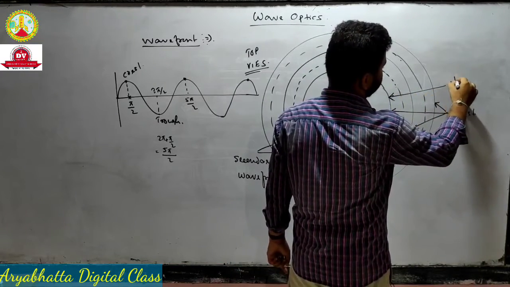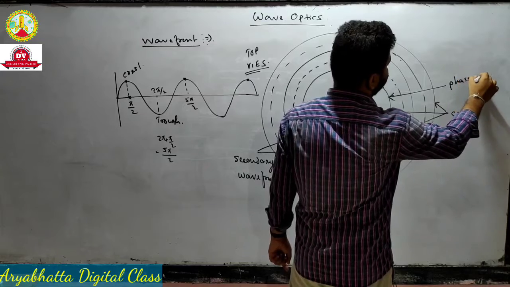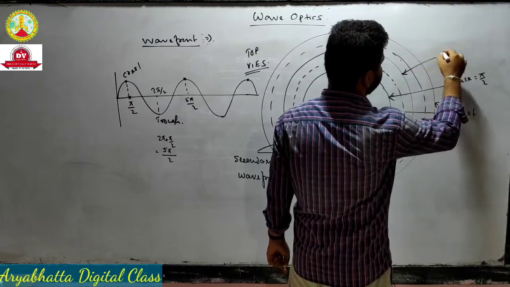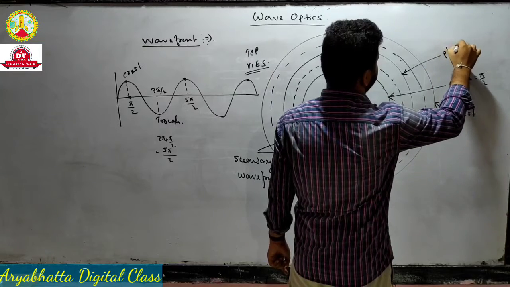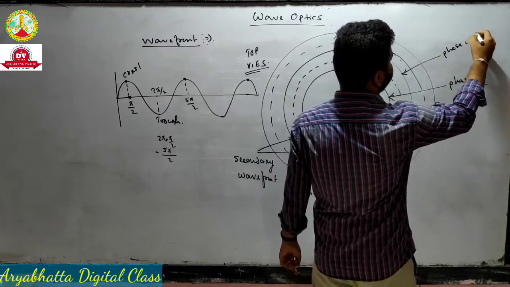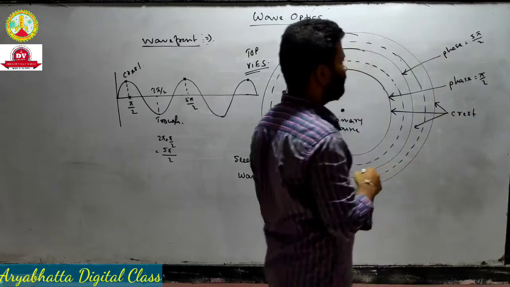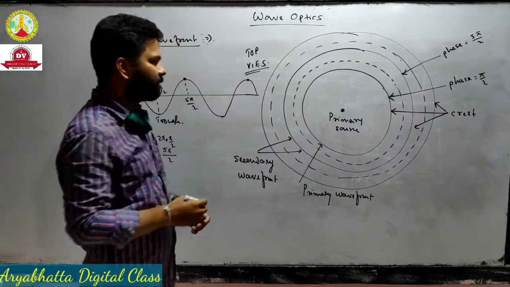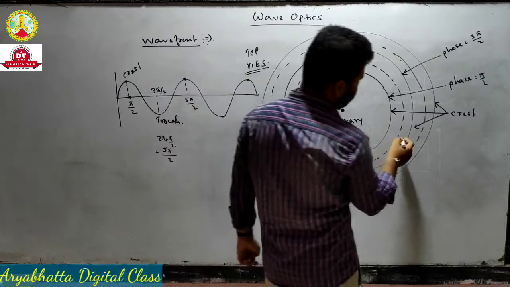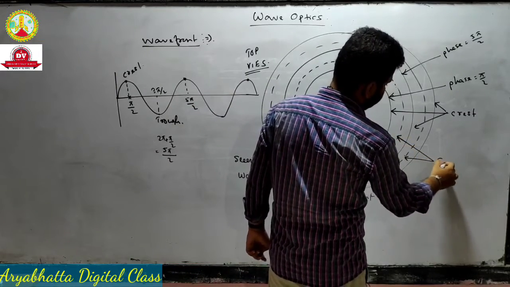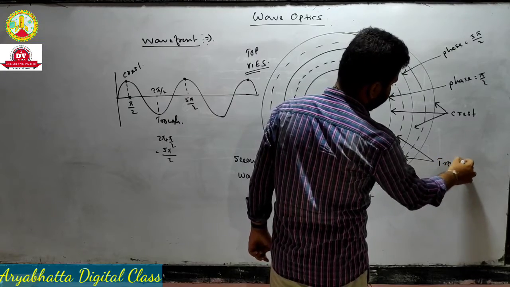Phase is pi by 2. For the second one, what is the phase? Phase is 5 pi by 2. For the third one, you will calculate. So these dotted lines are representing the trough, T-R-O-U-G-H.